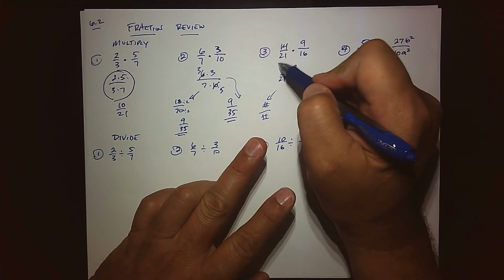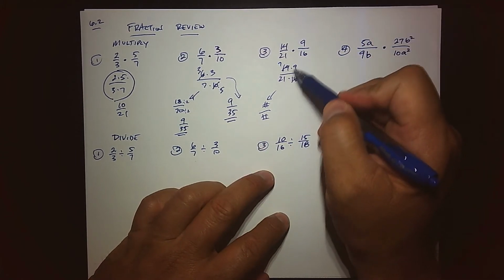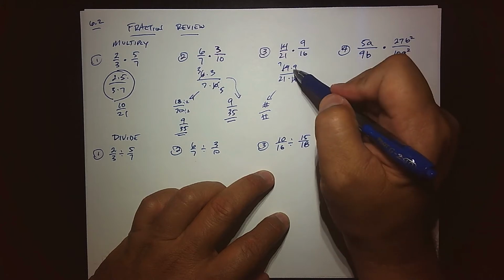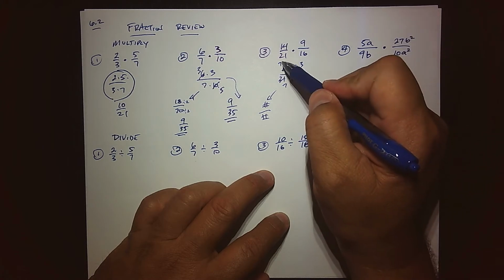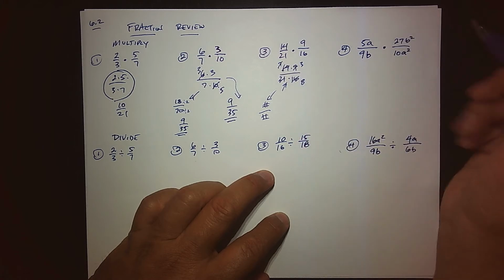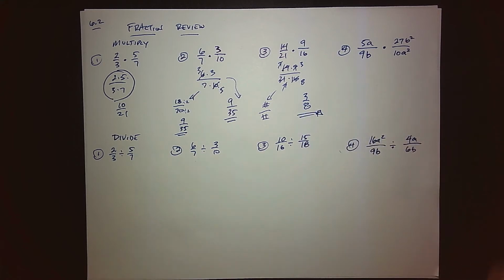So 2 goes into there 7 times, and 2 goes in there 8 times. And 9 and 21 share a common factor of 3. So 3 goes into 9 three times, and into 21 seven times. And now I can see that there's a common factor of 7. So that divides out, and lo and behold, we get a final answer of 3/8.